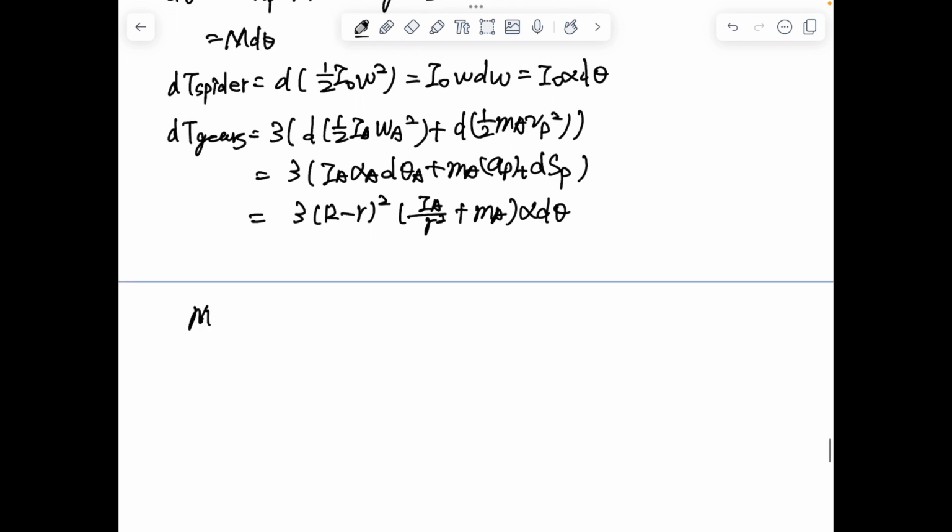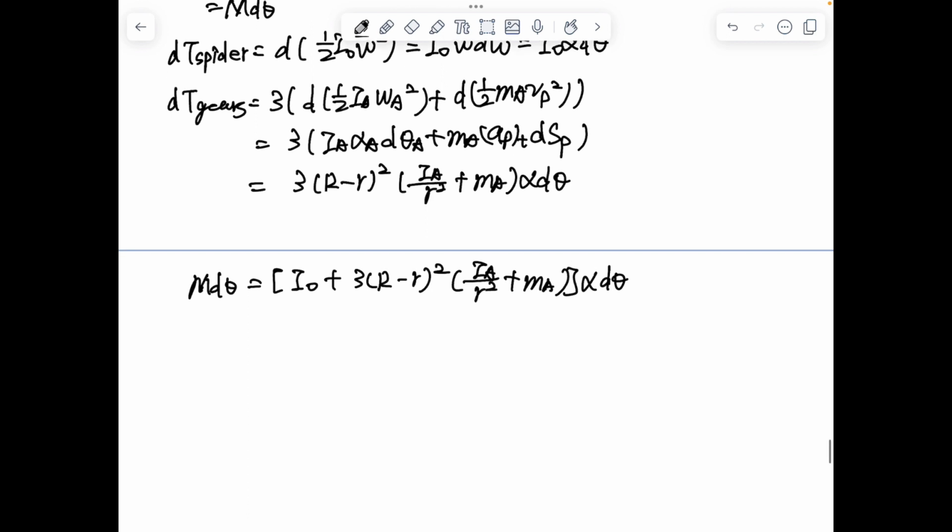So M d theta is equal to Io plus 3 (R minus r) squared times (Ia over r squared plus ma) times alpha d theta.